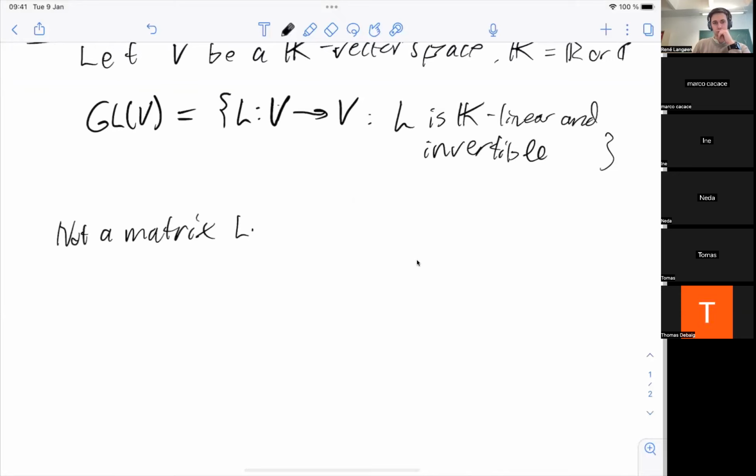So this is not a matrix Lie group before we choose a basis.